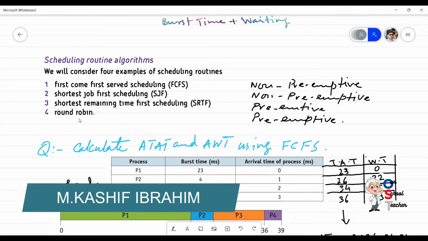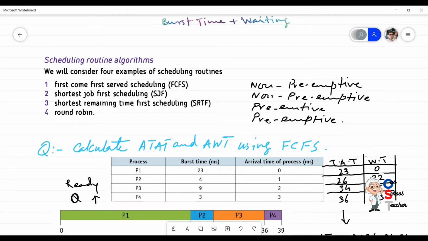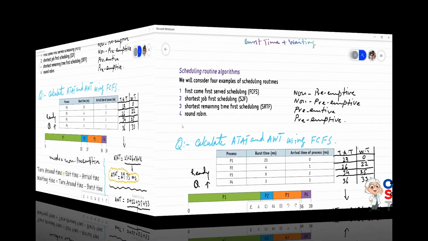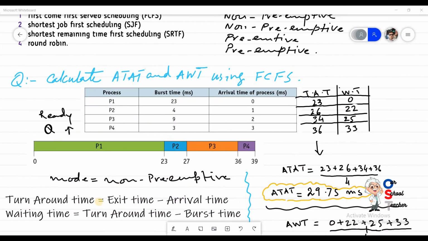In this algorithm, the CPU time is divided equally, and every process in the ready queue is given equal time. So these are the four different algorithms which can be used. Now we are going to see different numericals given in your book, and we have to calculate average turnaround time and average waiting time using different algorithms and different modes.